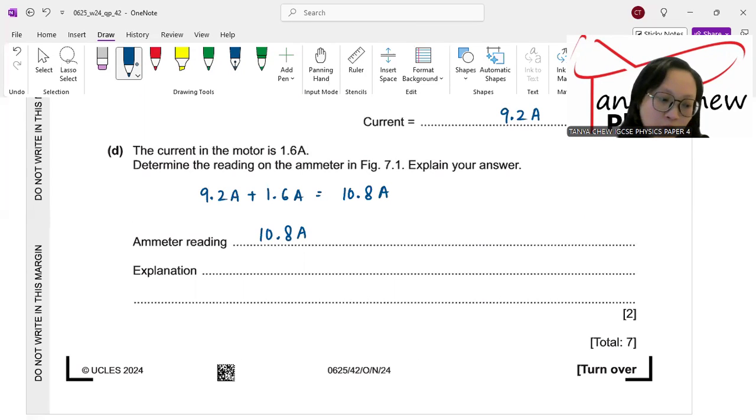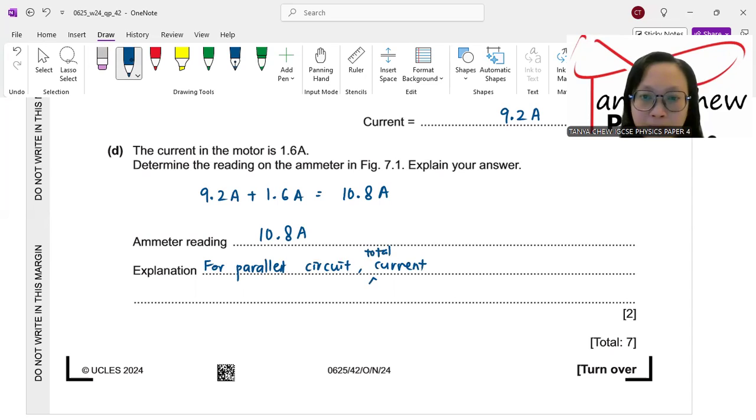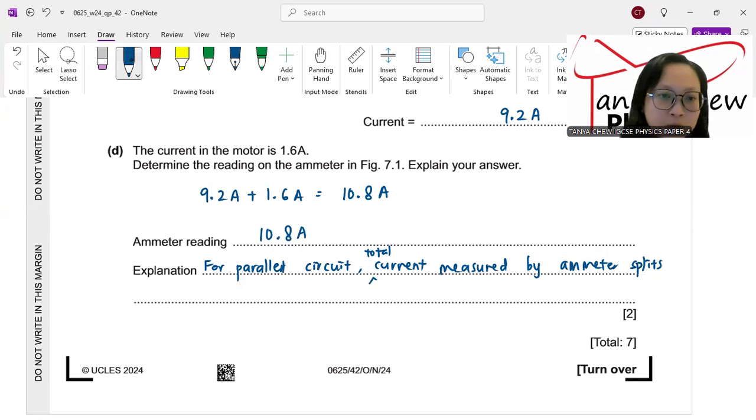Right. So the total current, since this is a parallel circuit, let me write it down. For parallel circuit, total current measured by the ammeter splits to the motor and heater at a junction.